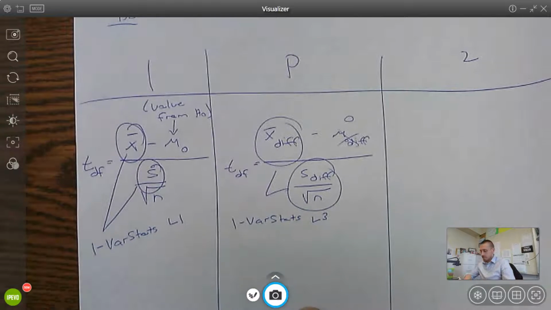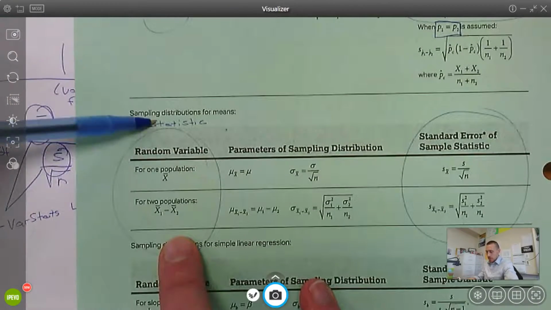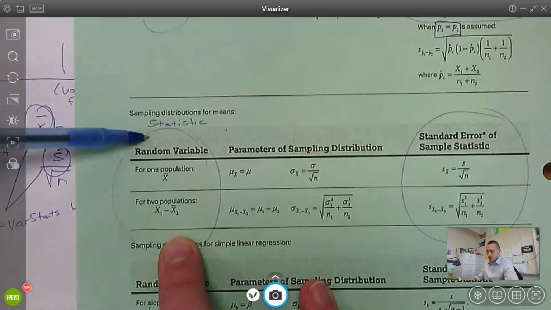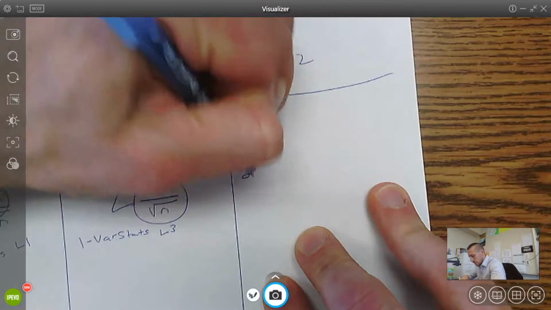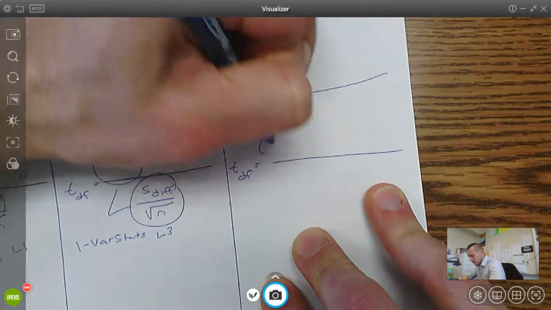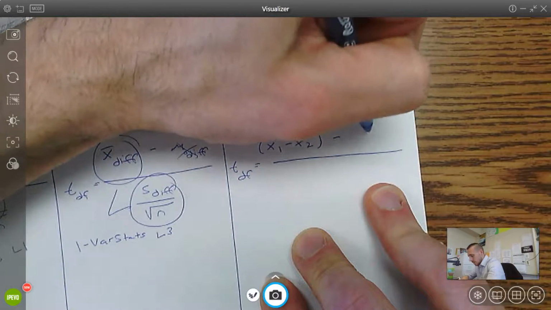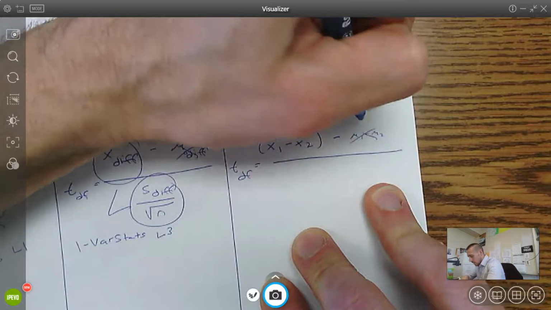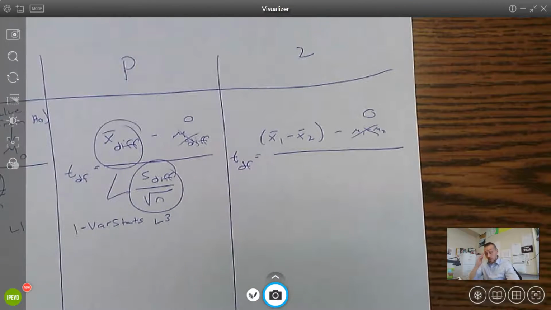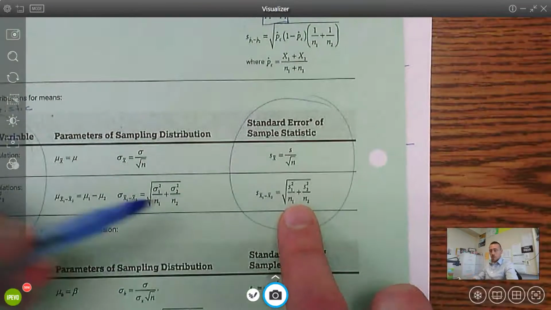You'll know that. For a two sample t-test, so now going back to the formula sheet, the statistic, I'm looking at the difference between two means. So I'm going to have t sub however many degrees of freedom there are. It's going to be the difference in the sample means minus the null value, which in most instances is going to be 0, divided by the standard error.